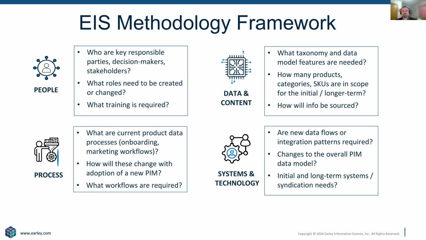So we want to make sure that we have the right people, technology, processes, and ways to develop data and content to make sure your product data practice is humming across the entire spectrum.